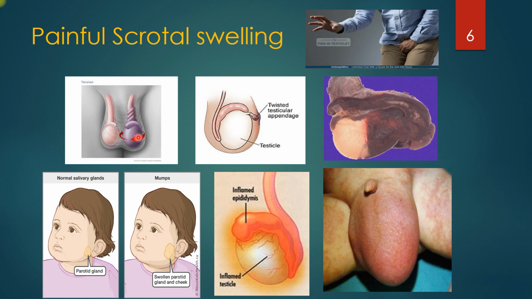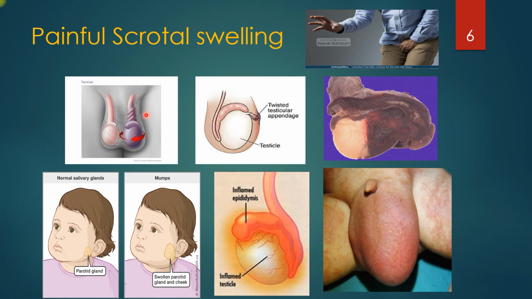One of these causes is testicular torsion. And look, the torsion might occur either intravaginal, meaning within the tunica vaginalis, or extravaginal, meaning the torsion occurs outside the tunica vaginalis. That's why it's called extravaginal.